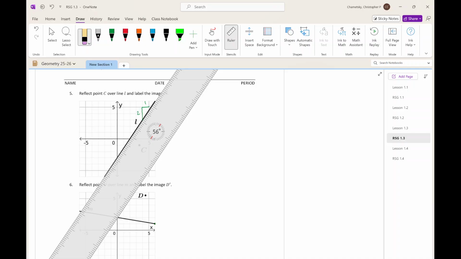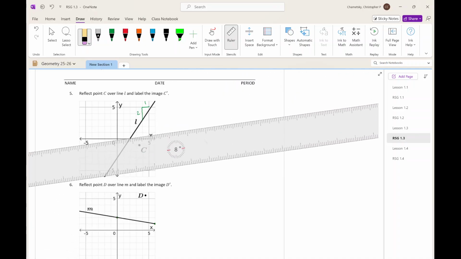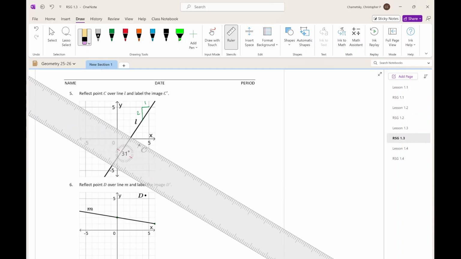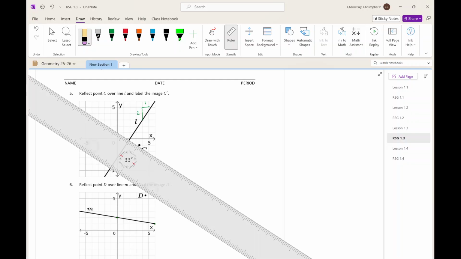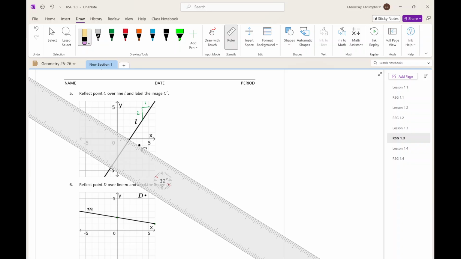So what I'm going to do instead is use my ruler to line up approximately a 90-degree angle, and then I'm going to use my ruler as a measuring tool.